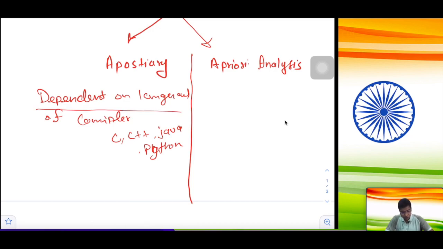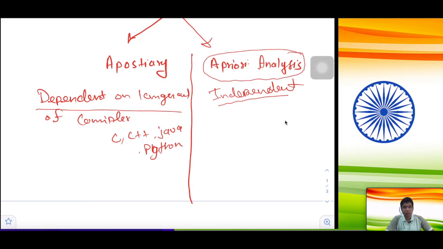But if I am talking about priori, it is independent. Why? Because we check the algorithm before running it on your system. In this algorithm tutorial and course, we only discuss priori analysis, not posteriori analysis, because posteriori is done after your code is completed.